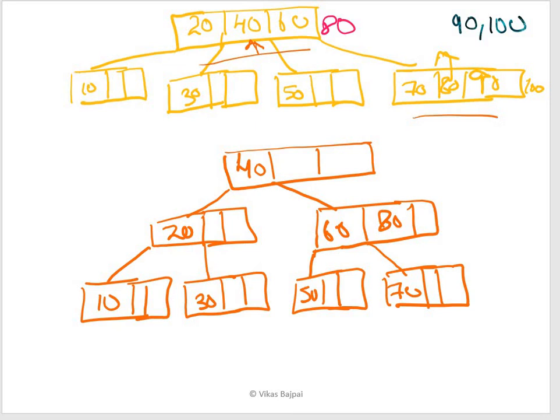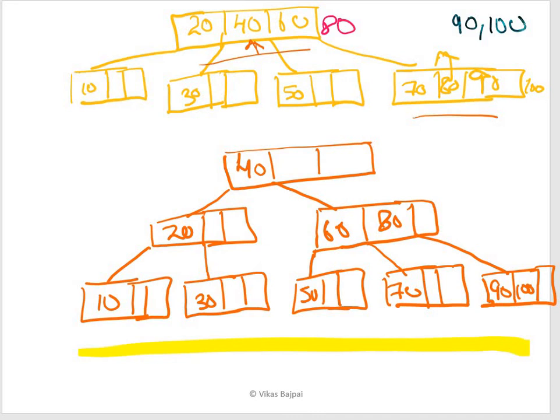Now to the right of 80 I have 90 and 100. This is your final B tree.